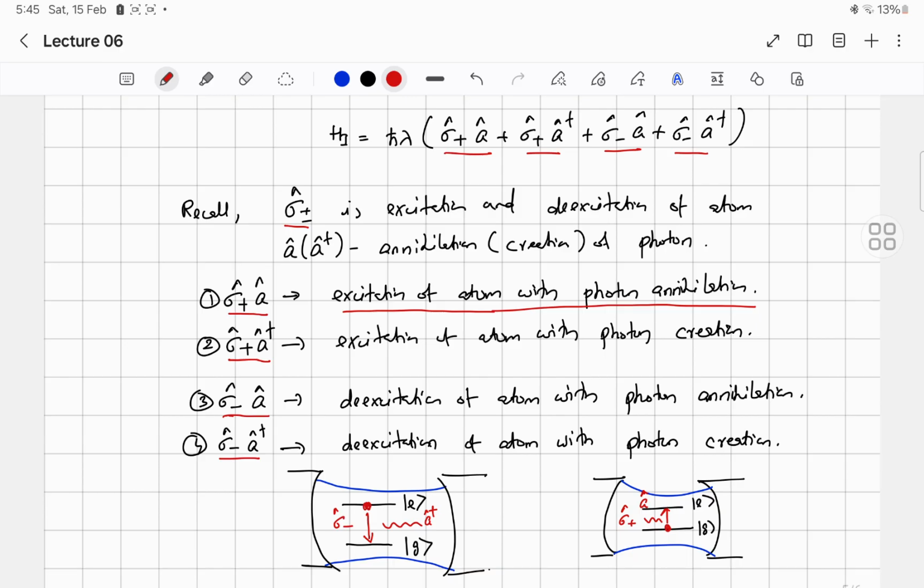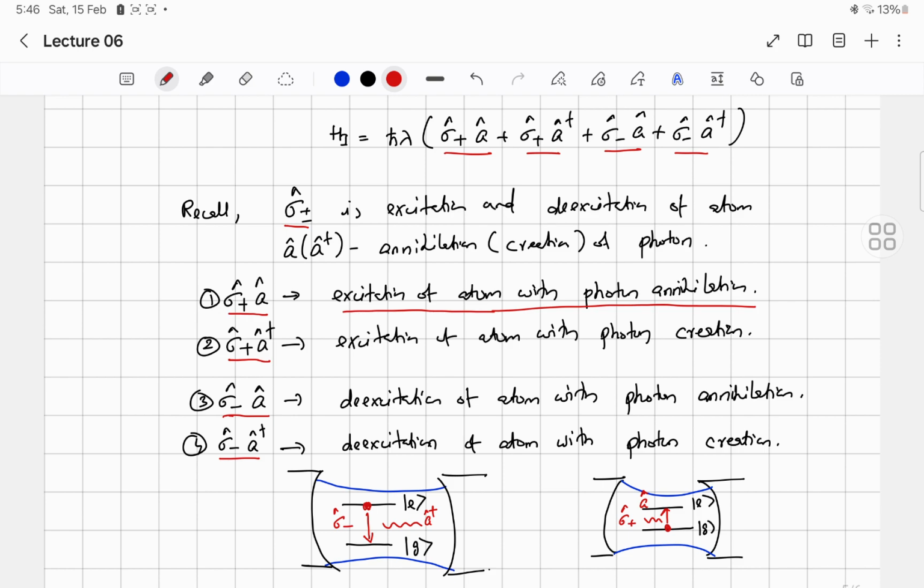For the time being we are not going to consider it, because there is a possibility of energy uncertainty, and the energy conservation may be violated for a small amount of time. So even though the atom excites, it may emit a photon.